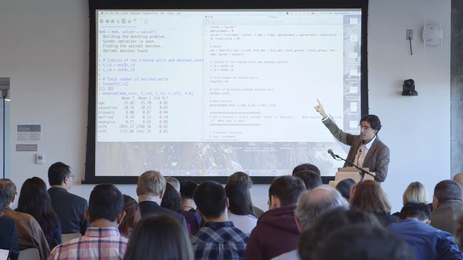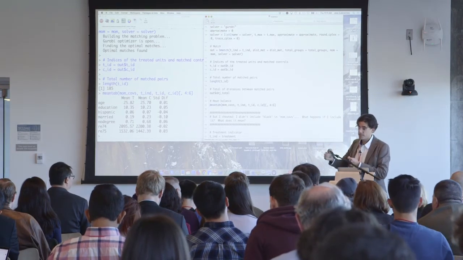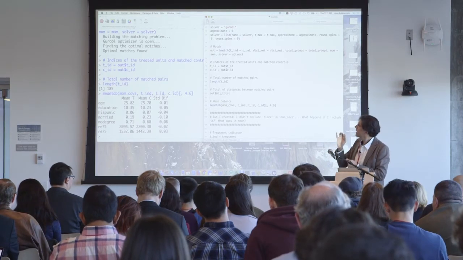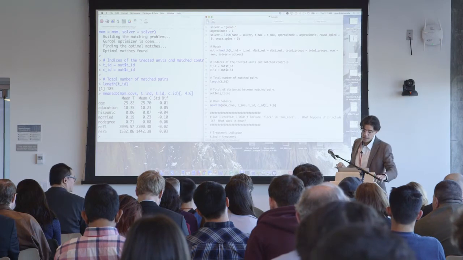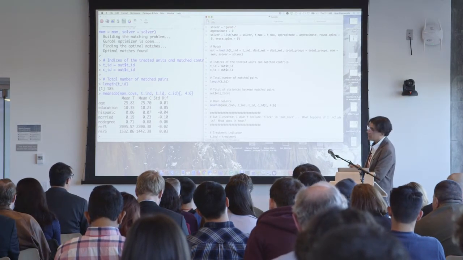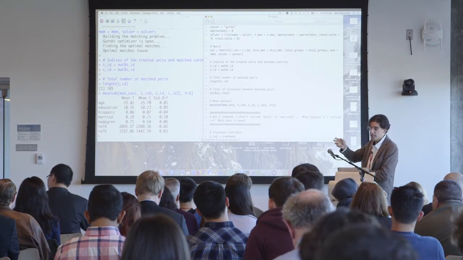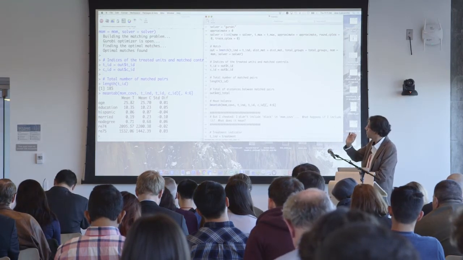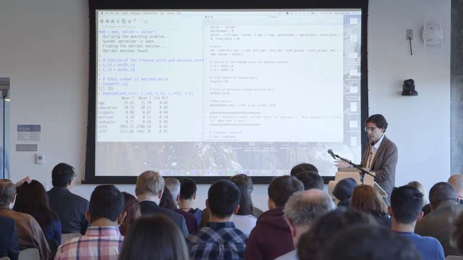Gurobi is really, really powerful. The default in this package is GLPK. That takes a lot more time. If you're going to use GLPK, I suggest here using approximate equals to 1, because we have a rounding algorithm to solve it more quickly. You're not going to get the exact solution that you want, but you're going to get a pretty good one.